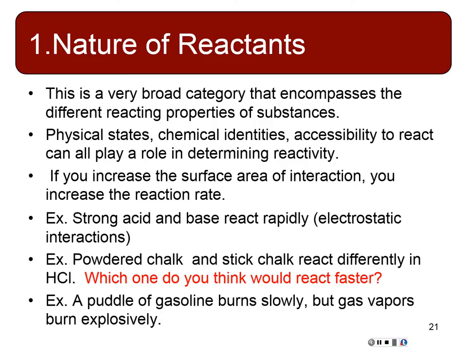We'll look at an example here in a second. Another is accessibility. How accessible are those molecules? If you increase the surface area for which other reactants can come in and react, you're going to increase the rate because there's more area for those molecules to react. So surface area is one.